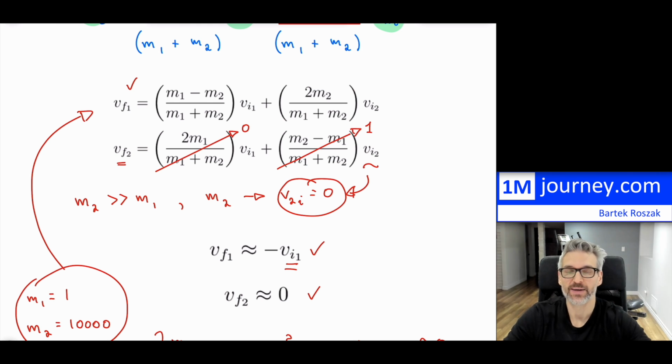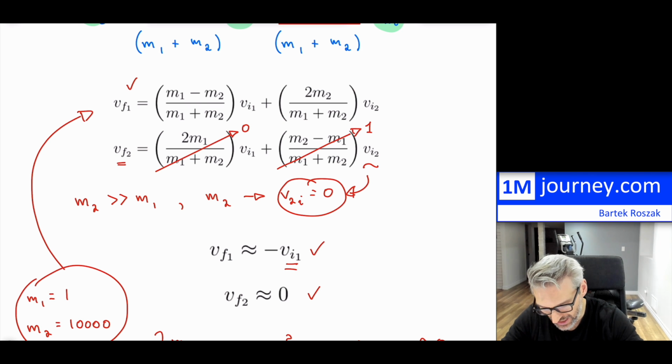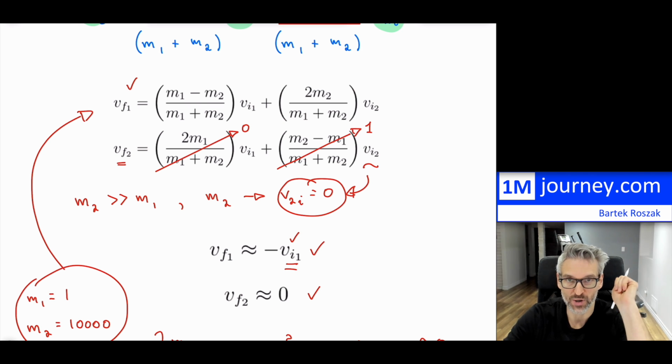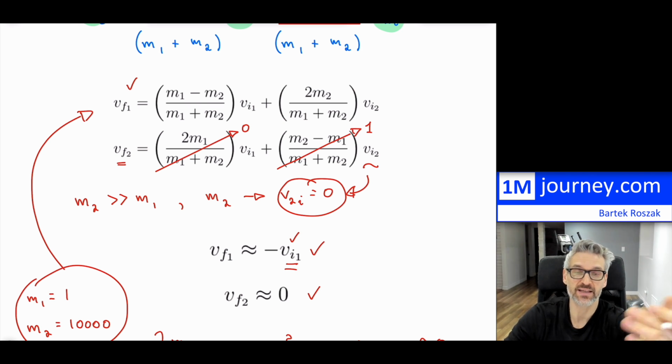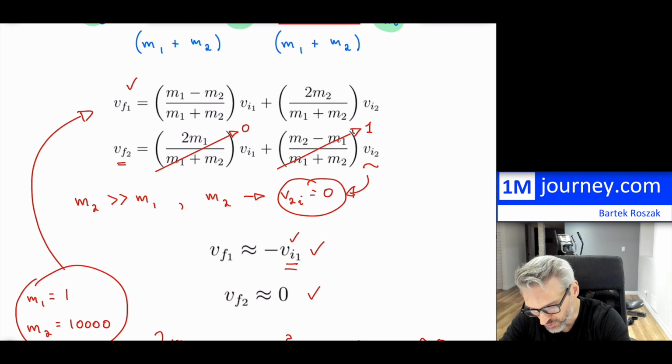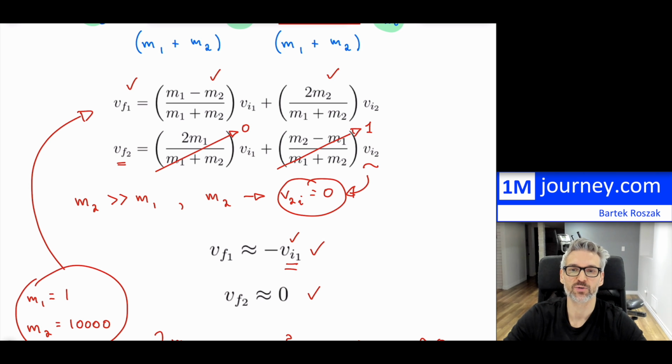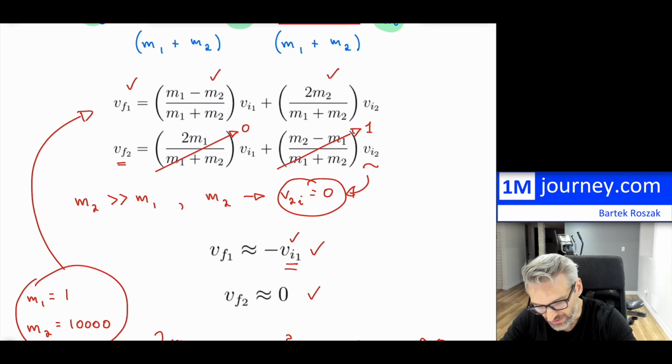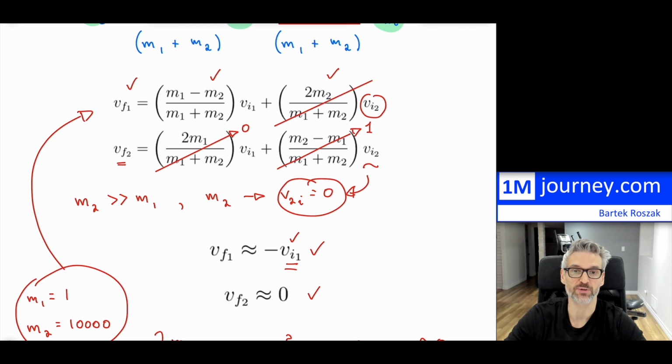So basically, it just returns with the same speed that you threw the tennis ball at the big object, except in the opposite direction, because it just bounces back. And if you substitute those numbers into here and into here, this is exactly what you're going to see. So this, of course, because of that, falls off to 0. So that would be irrelevant.